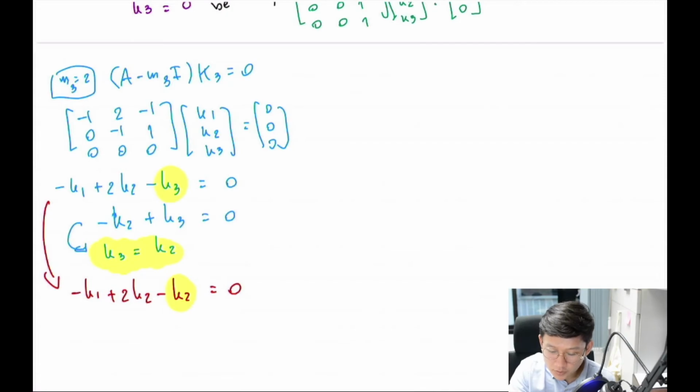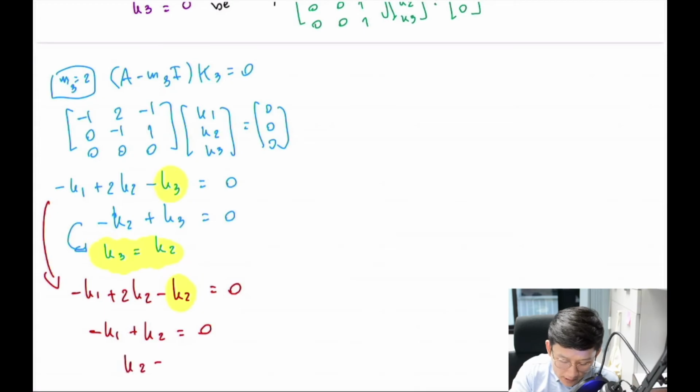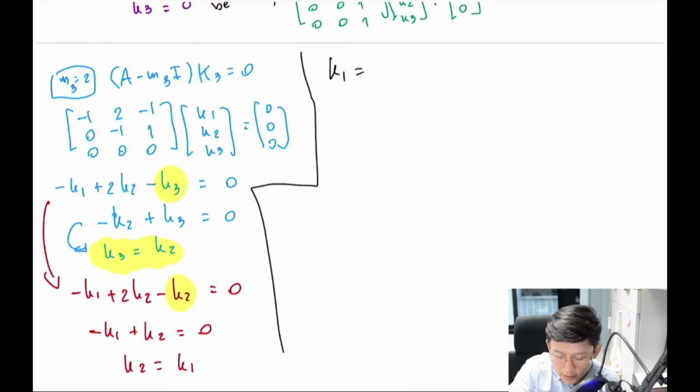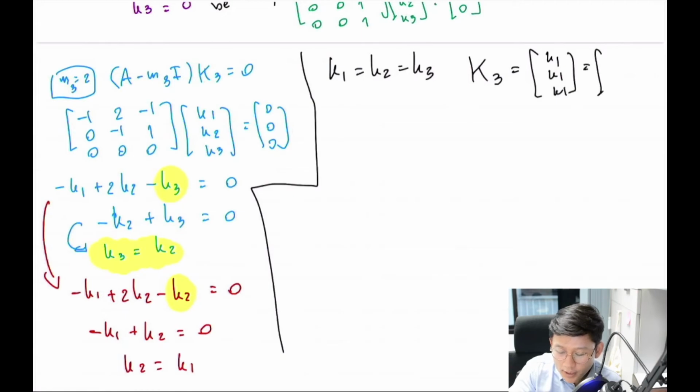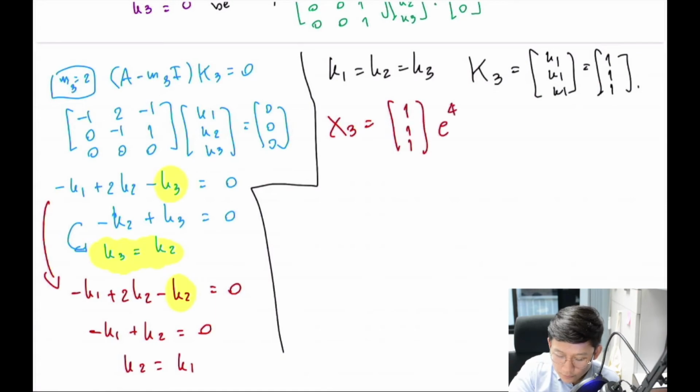So I have that minus k1 plus k2 is 0, so k2 is the same as k1 as well. It means that k1 is the same as k2 is the same as k3. So our vector k3 would be k1, k1, k1, and that would be 1, 1, 1, because we can write k2 and k3 as k1 and then substitute k1 with 1. So we have the third solution, which is (1, 1, 1) e to the 4t.